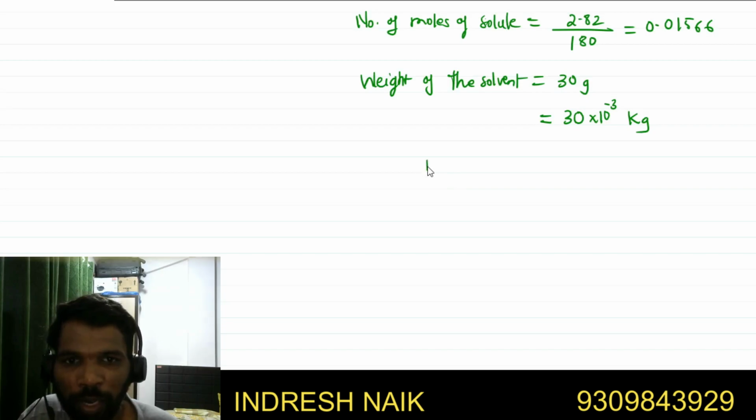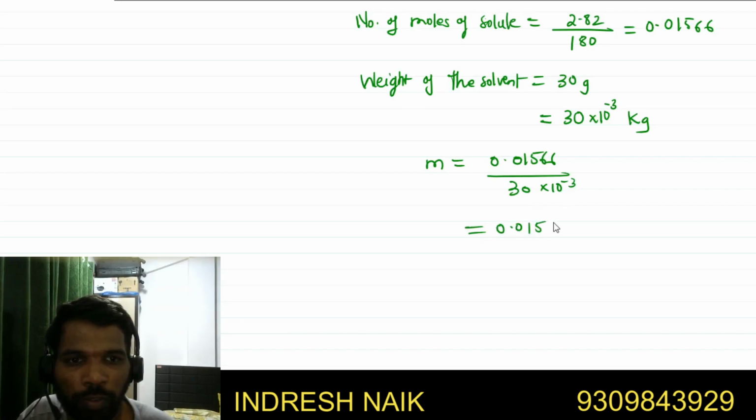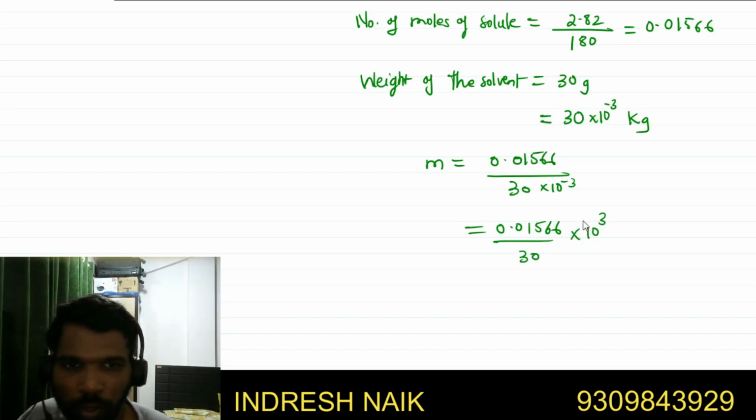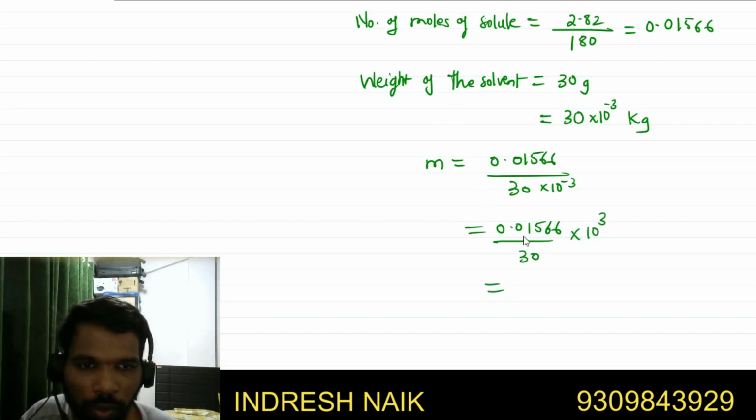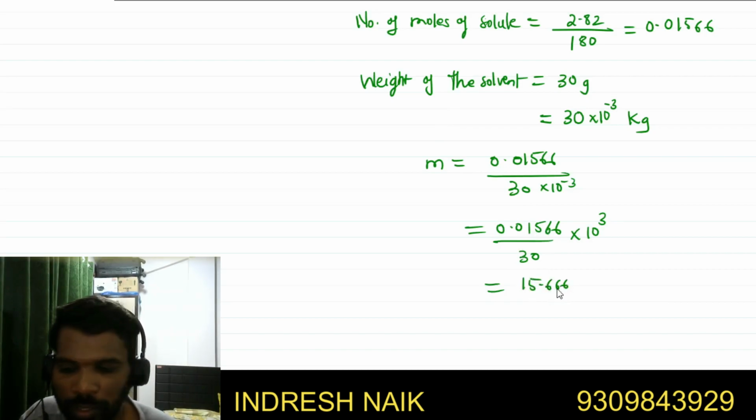And what will be the molality now? Molality will be 0.01566 divided by 30 into 10 raised to minus 3. So 0.01566 upon 30 into 10 raised to 3. 10 raised to 3 means 1, 2, 3 places shifted, so 15.66 divided by 30.